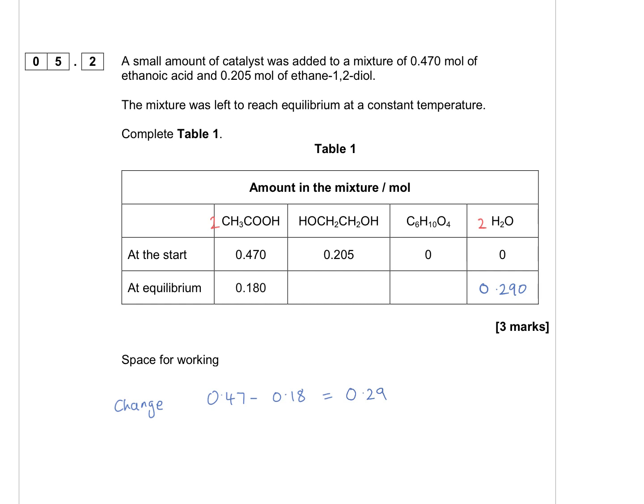So the 0.29 in half is going to be 0.145. And then the diol will have gone down by that amount because it's only changed by 1 molar amount. So 0.205 take away 0.145 will give us the amount that the diol is at the point of equilibrium.